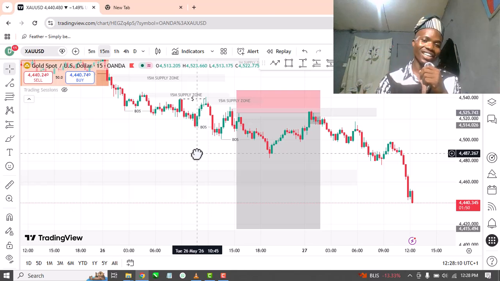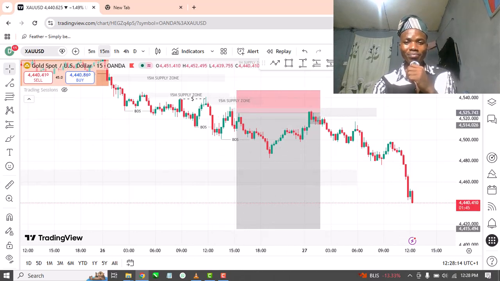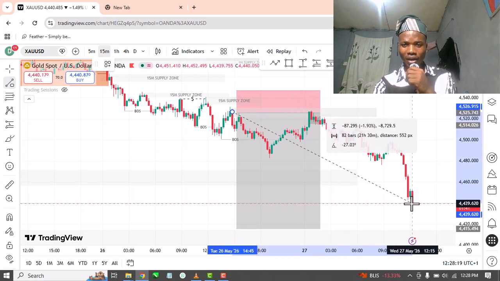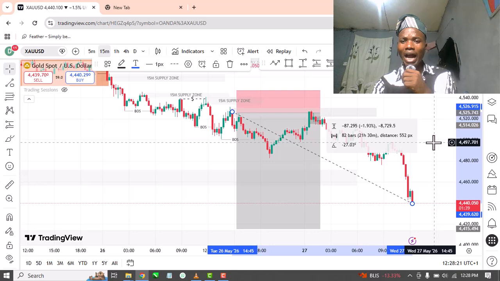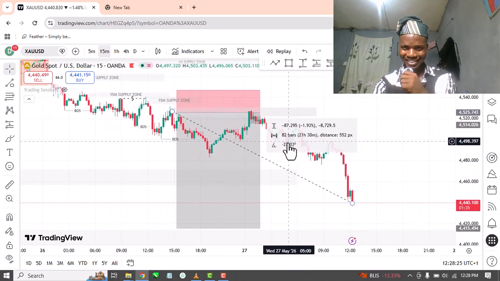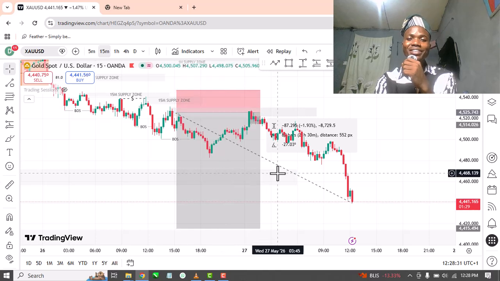Everything is intact. I've been owning this trade for about, let me check, this is my entry, 21 hours 30 minutes. What? Damn. 21 hours 30 minutes. Really.